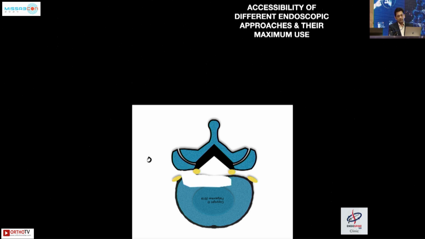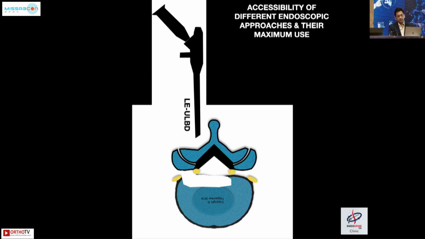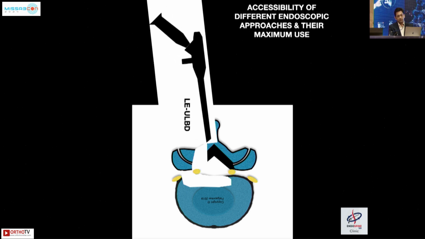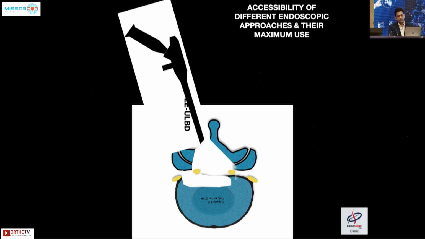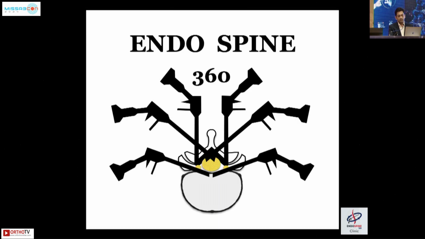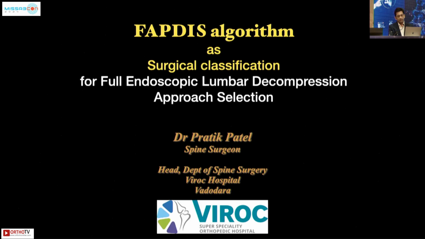With interlaminar endoscopy, we can do PSLD, which is posterior endoscopic stenosis decompression, or the over-the-top decompression. So this 360-degree dural sac decompression is possible with the endoscopic approach, but which factors to look at in the MRI to select the approach is very important.